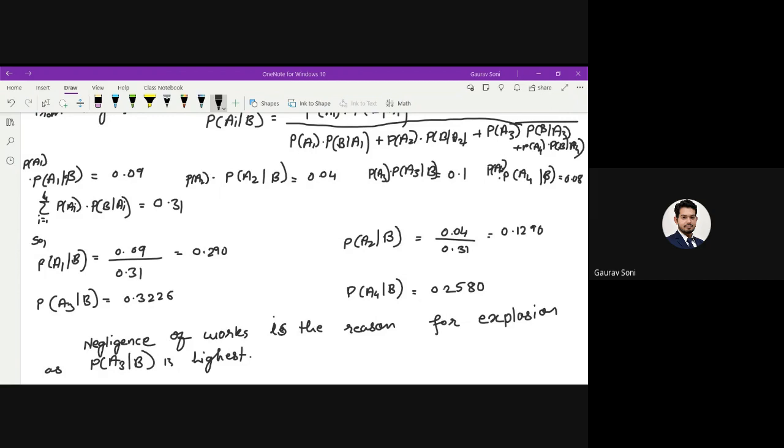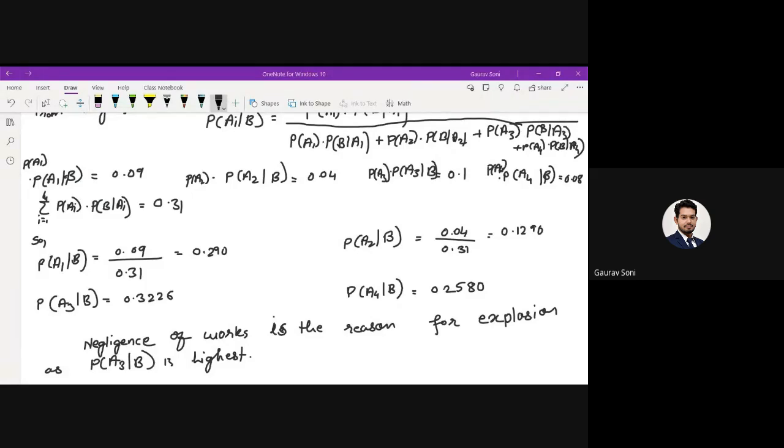The problem with that was each sample point has equal probability, but in many cases each sample point may not have equal probability. So the next approach was the axiomatic approach, and I said that this is the modern approach to probability.